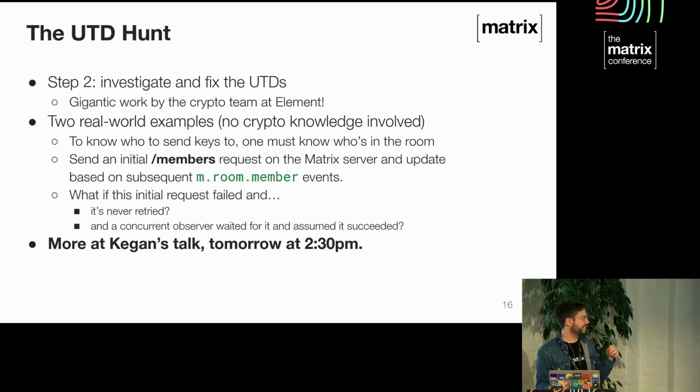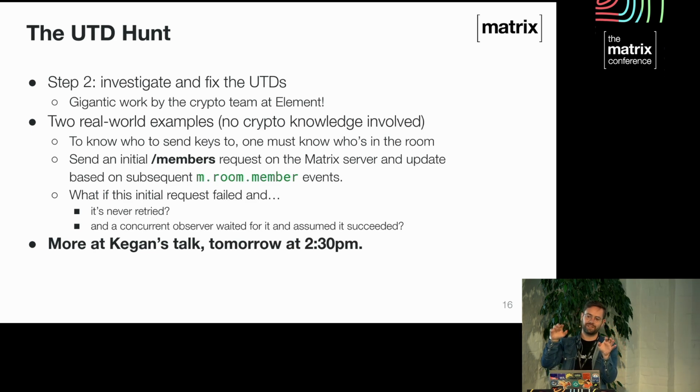And then we have some fancy system where if you do multiple requests to /members, since these requests can take a lot of time to process by the server, if you've tried it out on Matrix HQ, you know what I'm talking about, the second API call to /members will wait for the first one to finish. Before, we had this assumption that this request always succeeded.